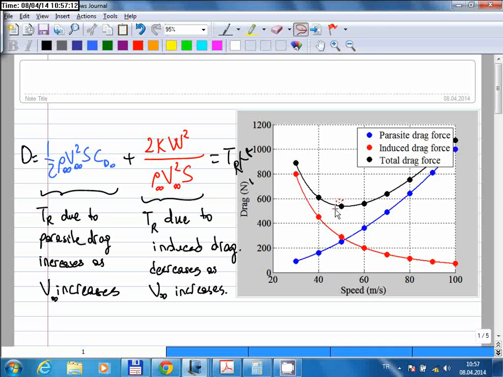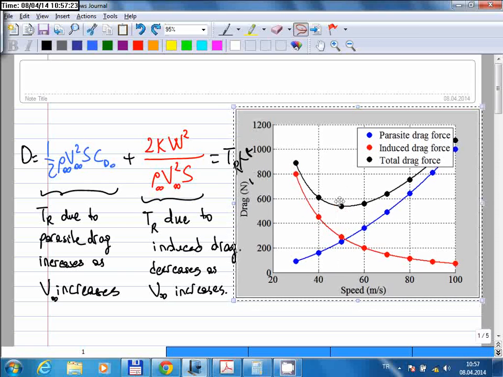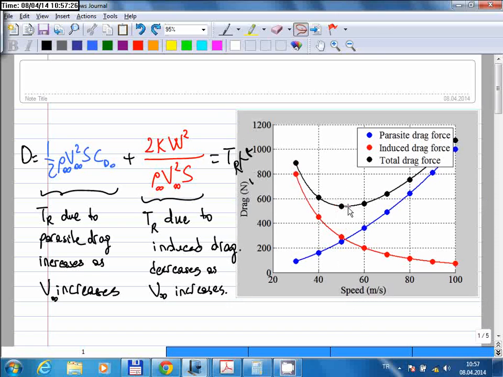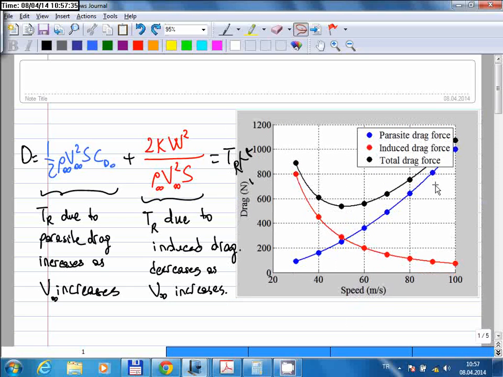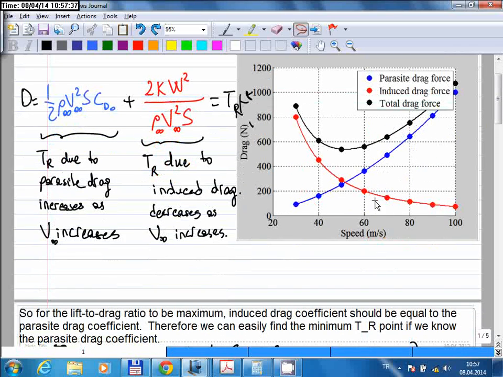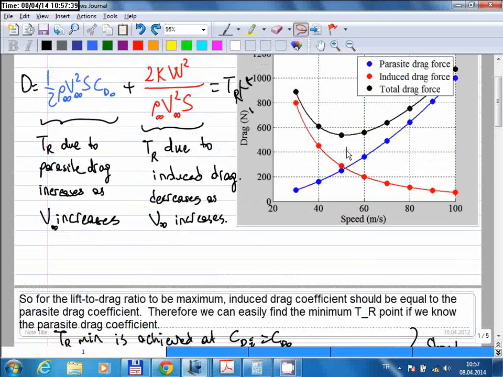So your engines will need to provide the smallest possible force for that aircraft. But if you fly just a little bit faster or a little bit slower, then you need to provide more thrust force. So obviously this is a very special point for an aircraft. And so this is a very important point, and we need to know what this point corresponds to, right?